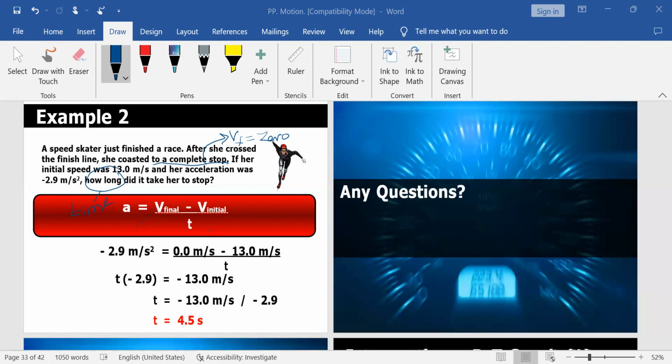You're given that at the first second the body was moving with 2 meters per second. In 2 seconds, the body was moving with 4 meters per second. Third, and so on. Fourth, and so on. The graph here is what? A straight line. Okay?